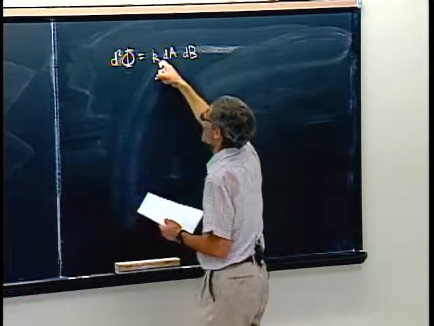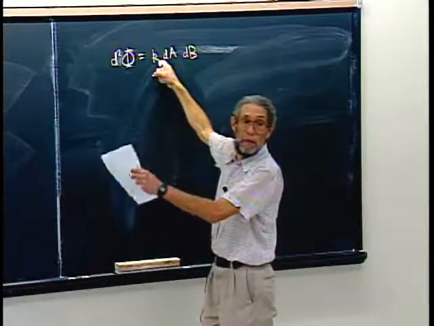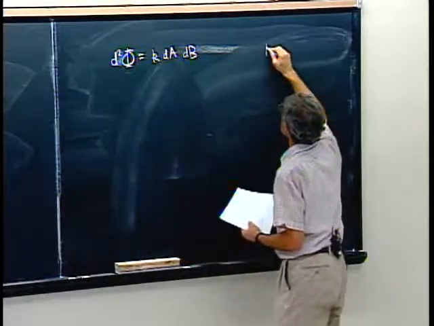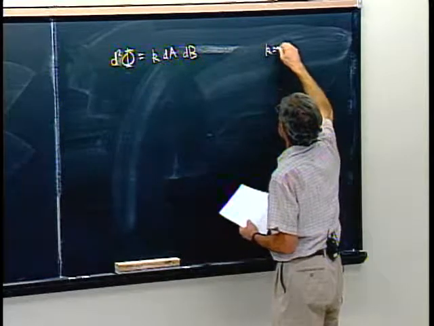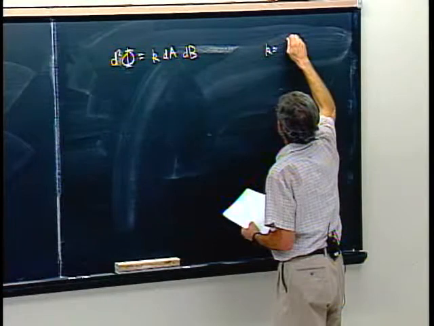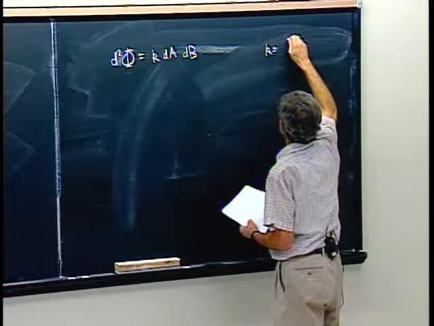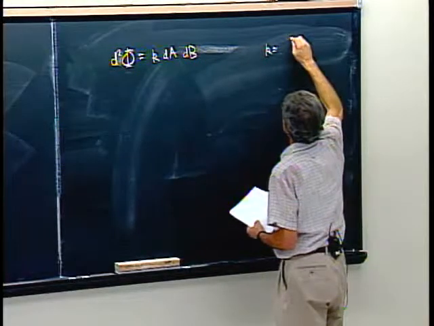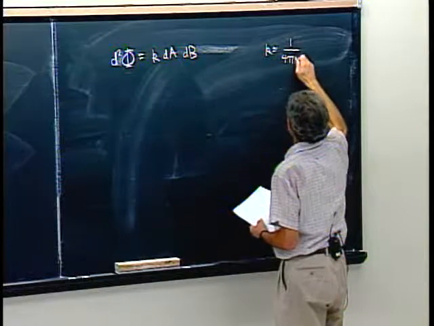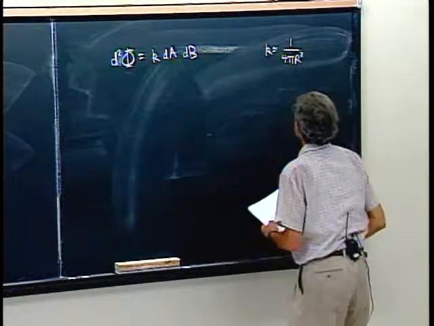I guess it's some constant. This is really k squared, where k is the probability per unit area. So let me think. K equals 1 over the total area of the sphere, which is 4 pi r squared.